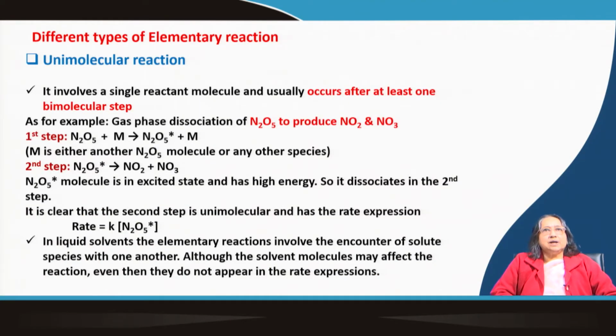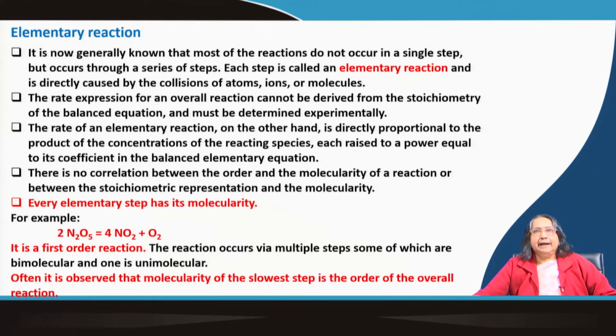Now, different types of elementary reaction. If you ask what is the elementary reaction, it is the slowest step. What does it mean? I will give you some idea. Say for example, I am going from Kharagpur to Delhi. This is my route, but I cannot go directly from Kharagpur to Delhi, same as the reaction.